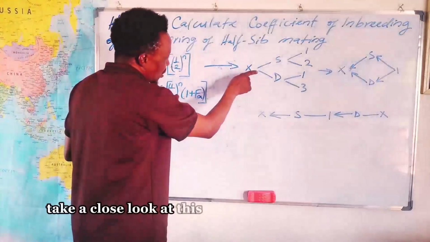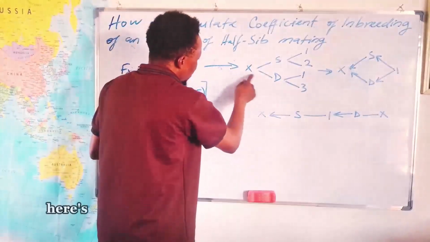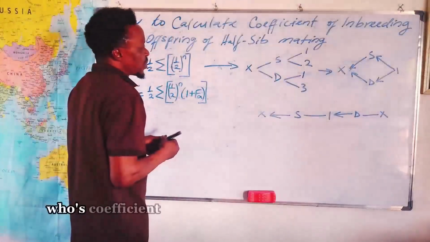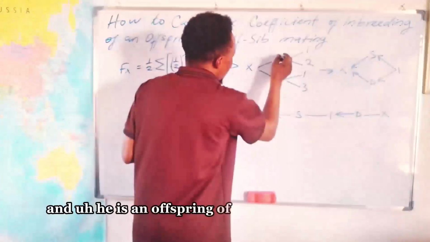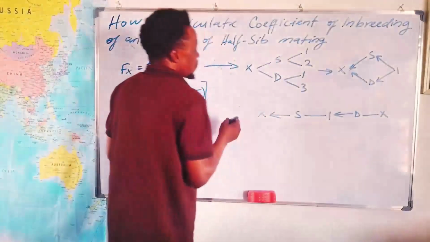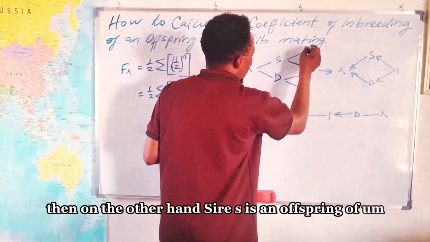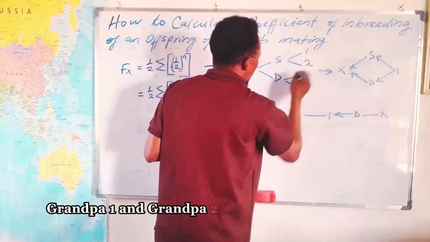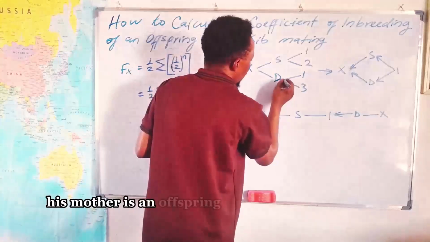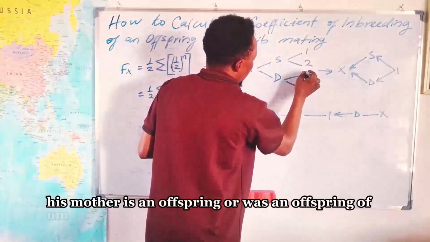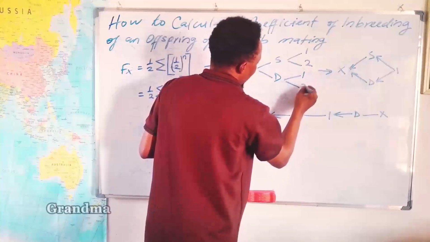Take a close look at this pedigree diagram. Here's our offspring X, whose coefficient of inbreeding we are interested in, and he is an offspring of sire S and dam D. Sire S is an offspring of grandpa 1 and grandma 2, while dam D, his mother, was an offspring of grandpa 1 and grandma 3.